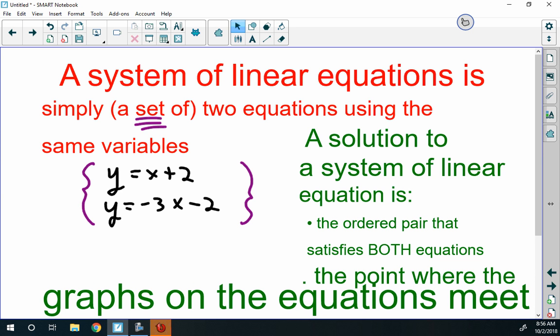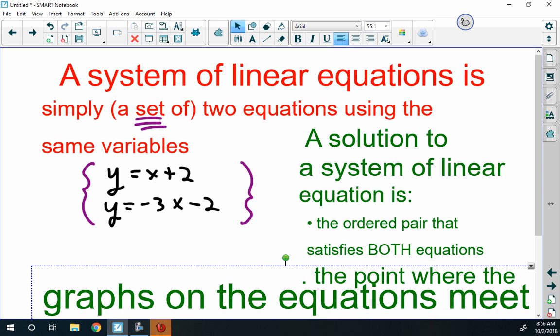That's supposed to say of the equations, not on the equations. So the point where the graphs of the equations meet.